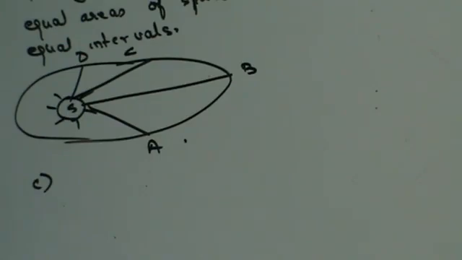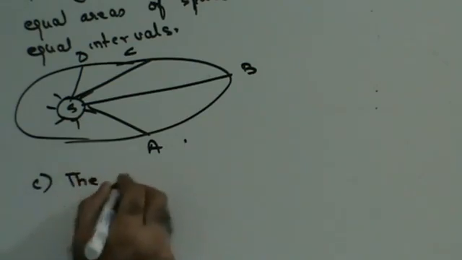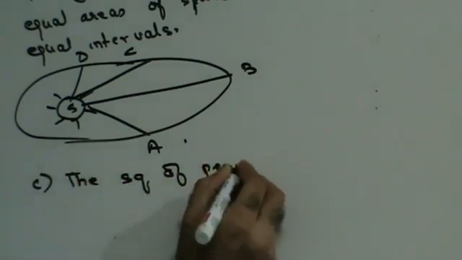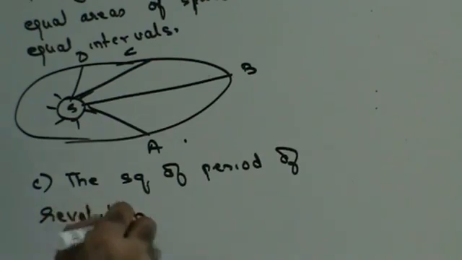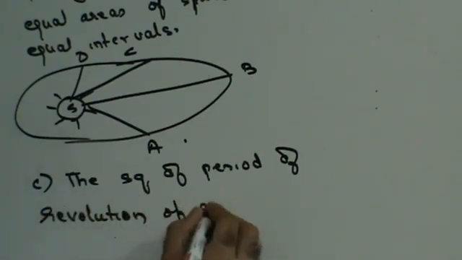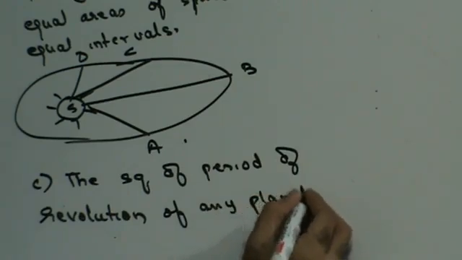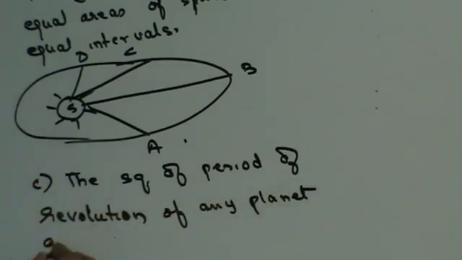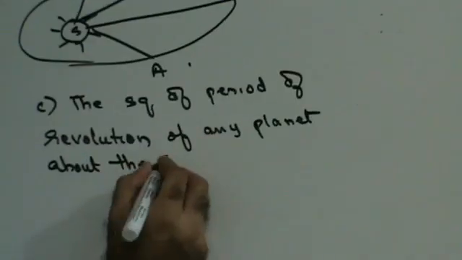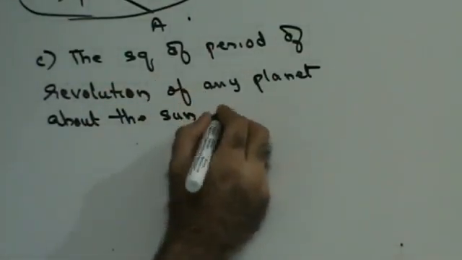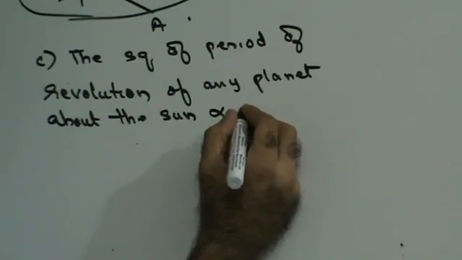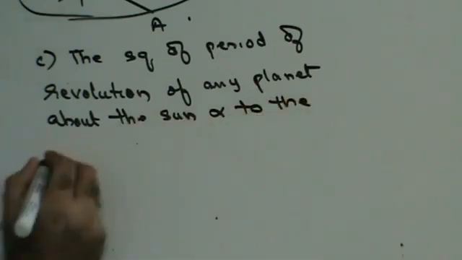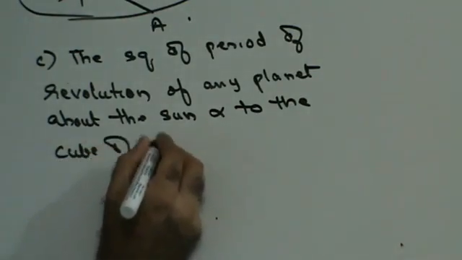Next, the third law that he propounded was that the square of the period of revolution of any planet about the Sun is directly proportional to the cube of its mean distance from the Sun.